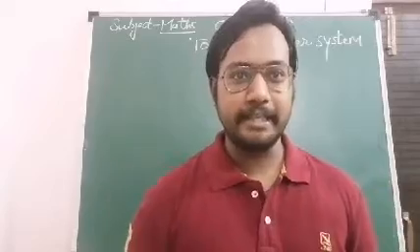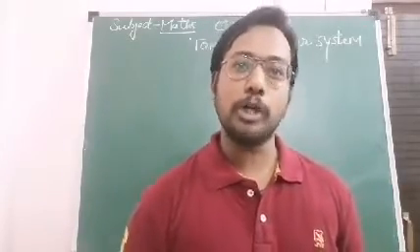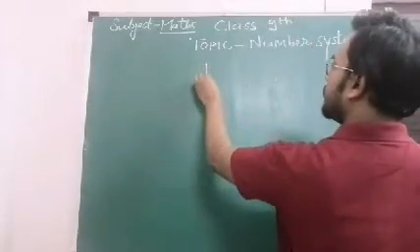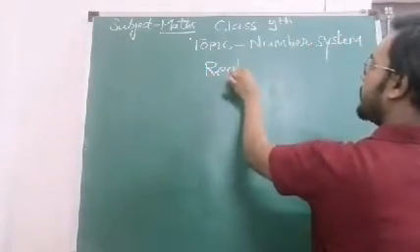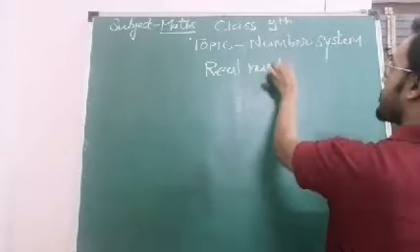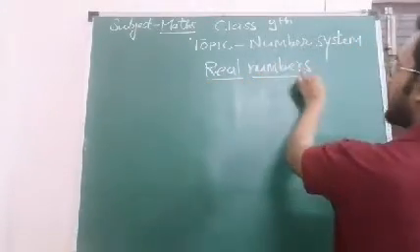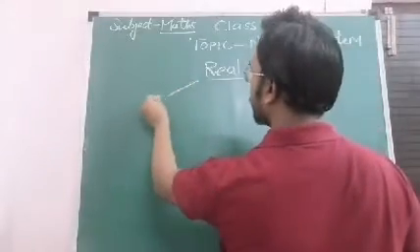So let's begin. First we will talk about the flow chart of number system. Let's start. Real numbers. These real numbers are basically made of two numbers.